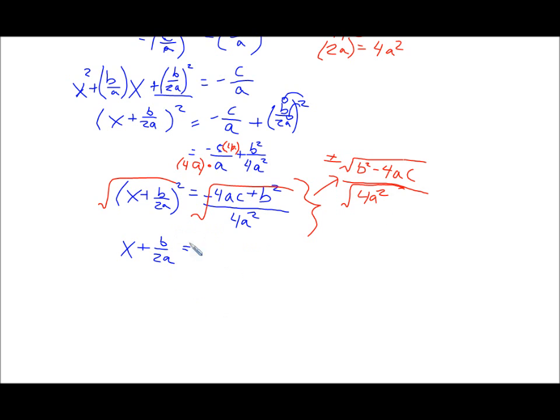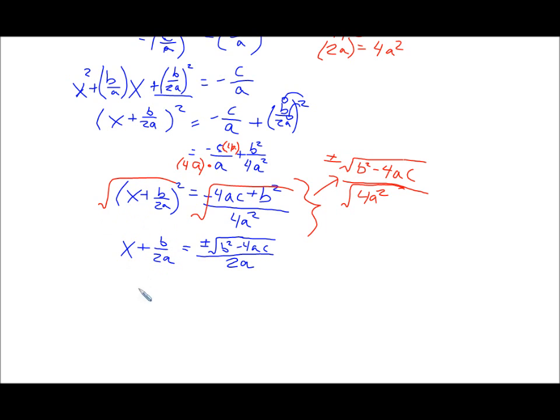Moving back to our original column here, we can re-express the right-hand side now as plus or minus the square root of b squared minus 4ac over the square root of 4a squared, which is 2a. And we're in luck, because this has the same denominator as this constant that's being added to x.